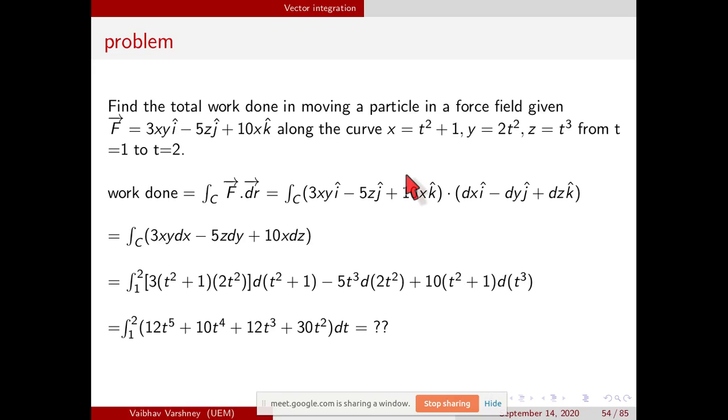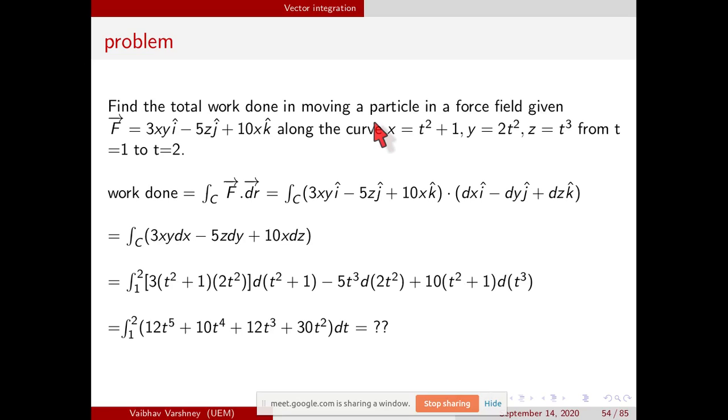Are all doing? Yes, sir. Just tell me the answer. What is the answer you are getting? 303. I think it's right. I don't know the exact answer, but I think it's 303.